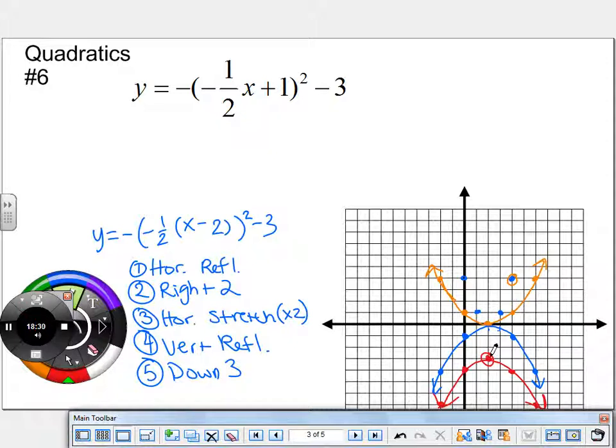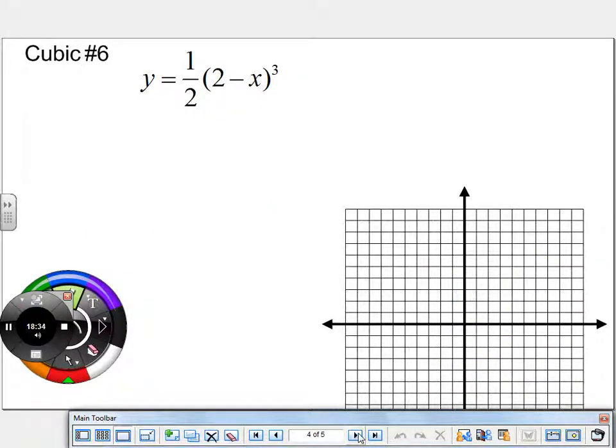Okay? All right, the next one and second to last one that we're going to do is from the cubic function. So look for your cubic function. And again, you guys should already have this all done.